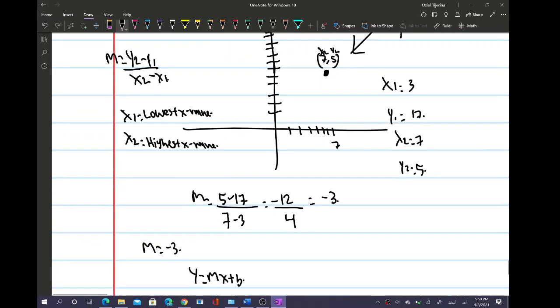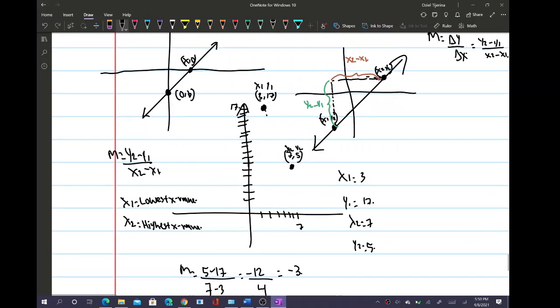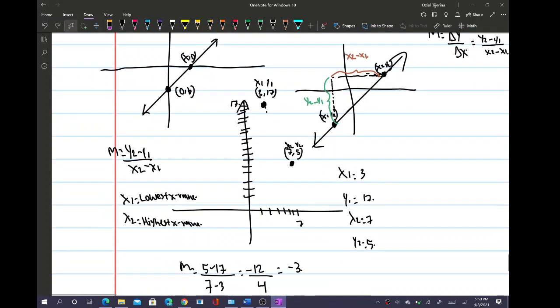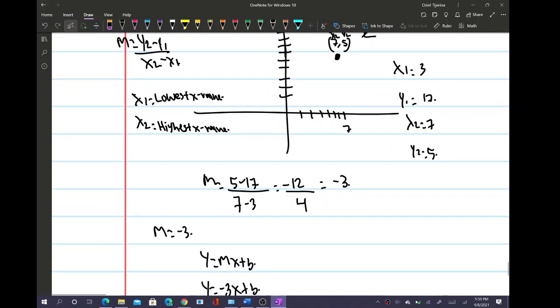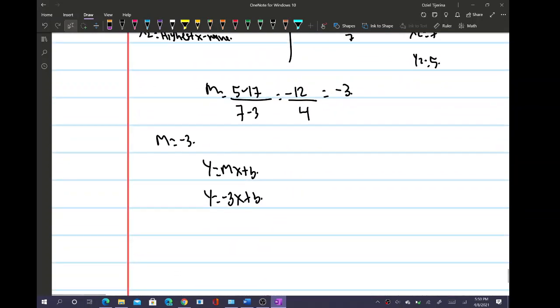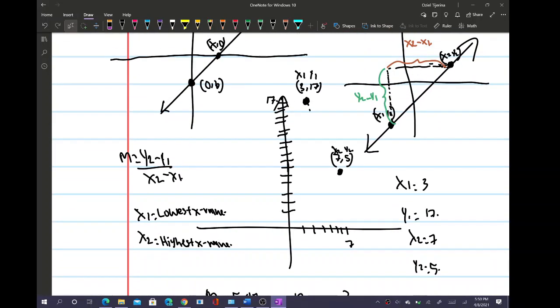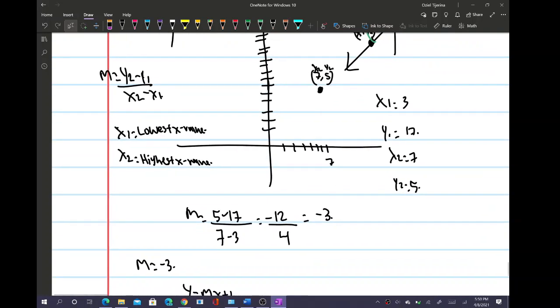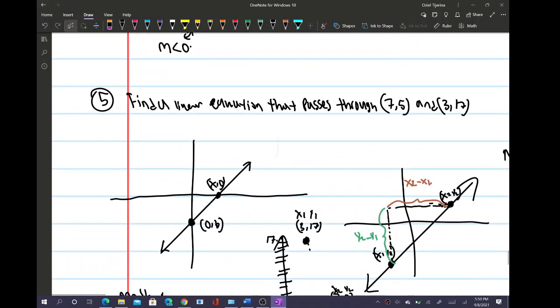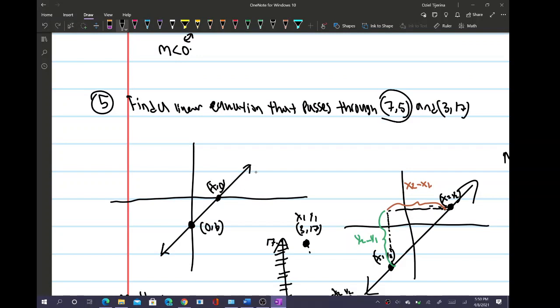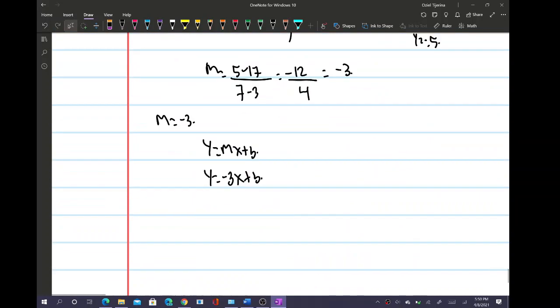Now we want to know what is our b value, right? What would our b value be? What you do to find your b value, you go ahead and you use the points. You use any of the points that they gave you. Let's use 7, 5, okay?